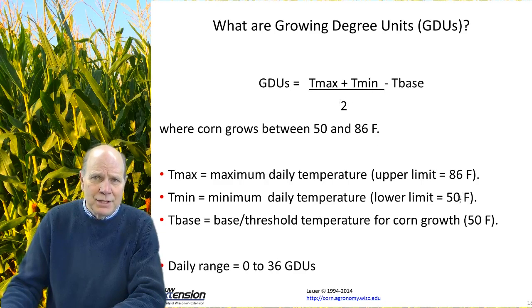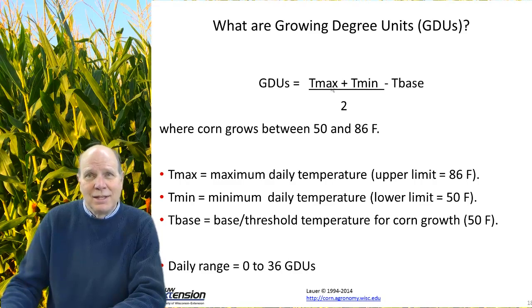The upper limit's 86, the lower limit's 50, and then we use a base temperature of 50 degrees Fahrenheit, so that for any one day we can accumulate, based on the temperature during the day, anywhere from 0 to 36 GDUs. Now if it was 0, the maximum would be something below 50, and the minimum would be something around 50 or so. So 50 plus 50 divided by 2 minus 50 is basically 0.